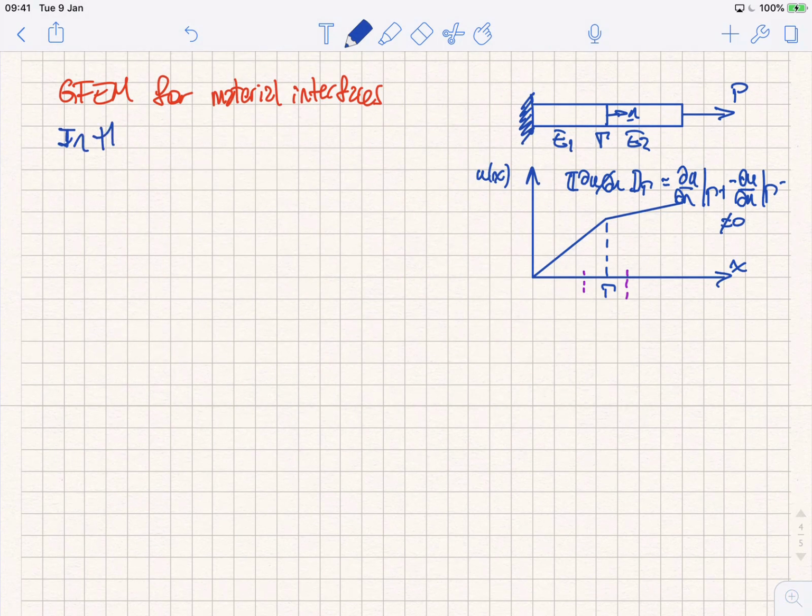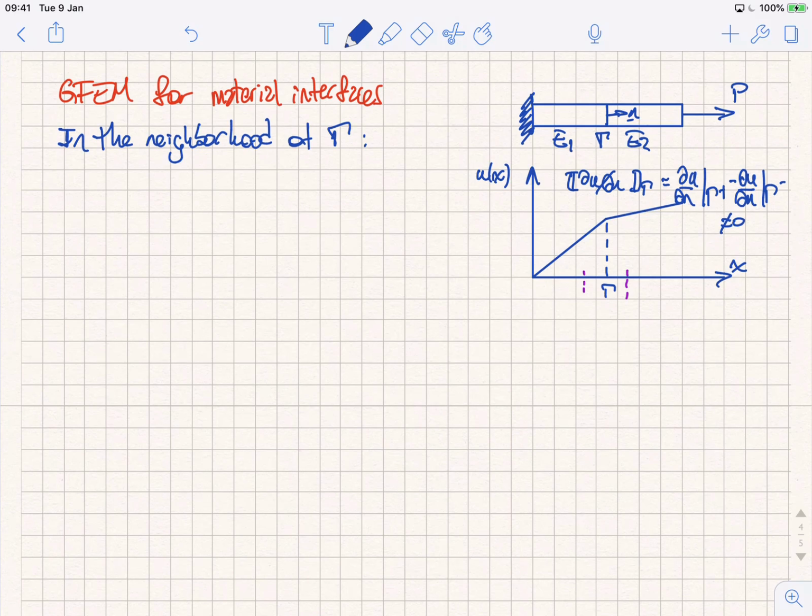So in the neighborhood of the discontinuity, I can actually represent my field as a sum of two different components.